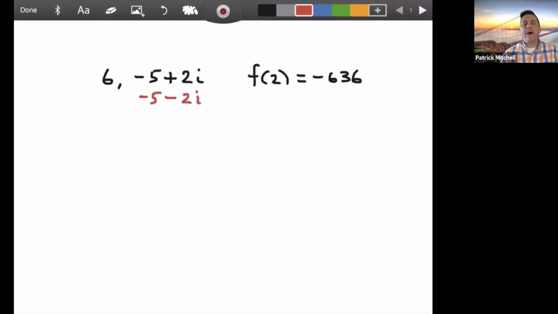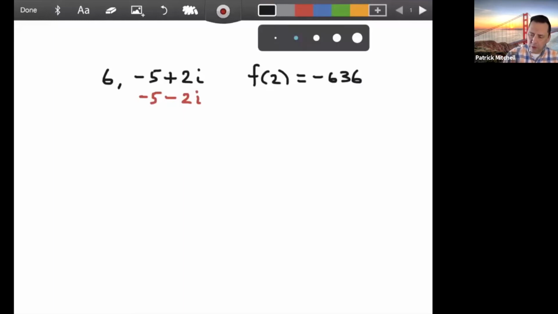Remember, a few slides back, we had that property that said that if a polynomial with real coefficients has an imaginary 0, then the conjugate of that imaginary 0 also has to be a 0. Okay. So even though they only gave me 2 of the zeros, I know what the 3rd one has to be.